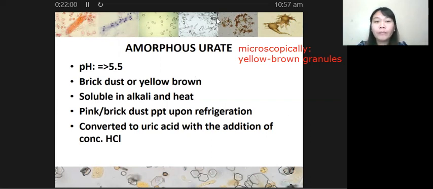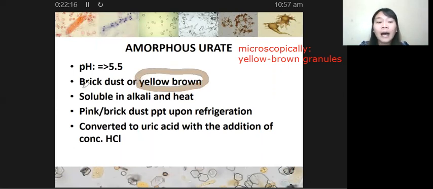However, please take note, because you might get confused with my PowerPoint. So yellow-brown granules is its microscopic appearance.